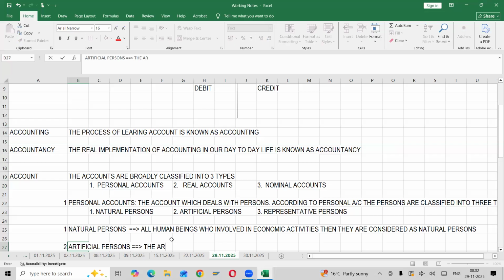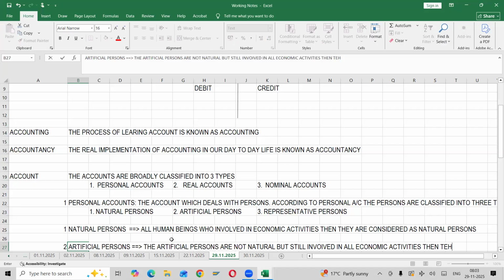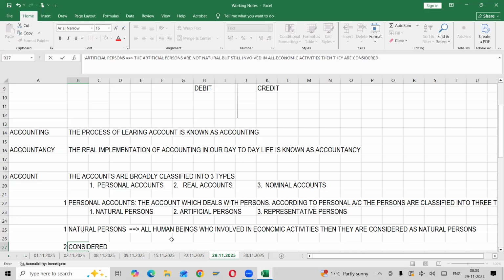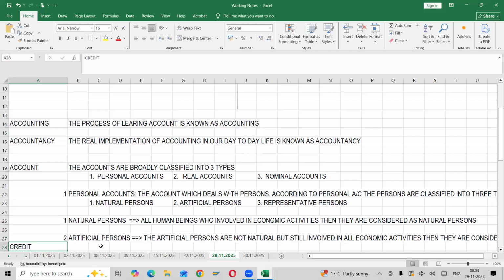Artificial persons are not natural like humans. They are not human beings. Clear? But they are still involved in all economic activities, and then they are considered artificial persons.